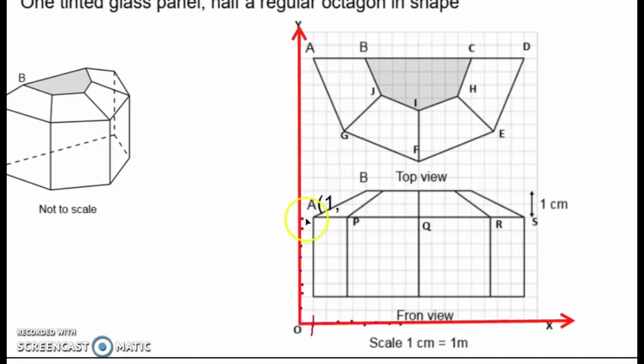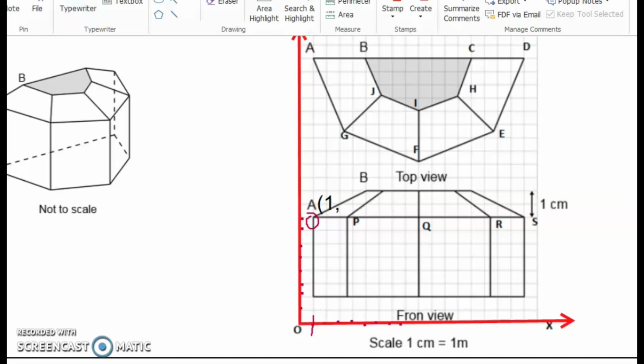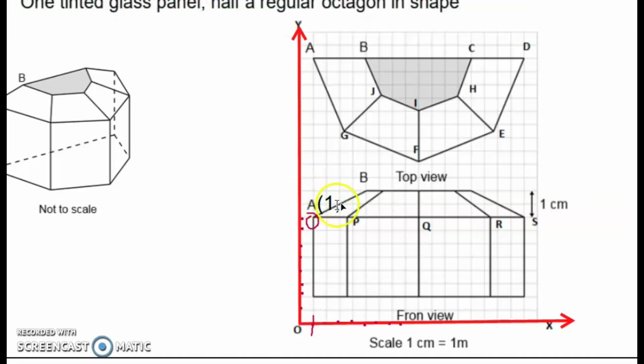This is the position for A, so the y coordinate for A is going to be 8. In this way, the coordinates of the points A, B, C, D, all these things have been specified in our problem.